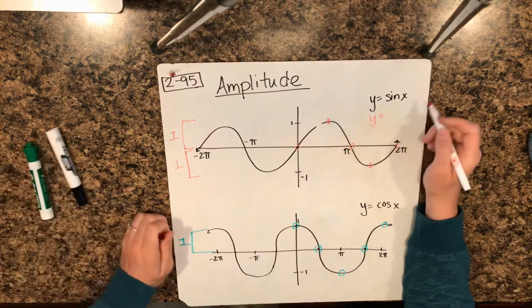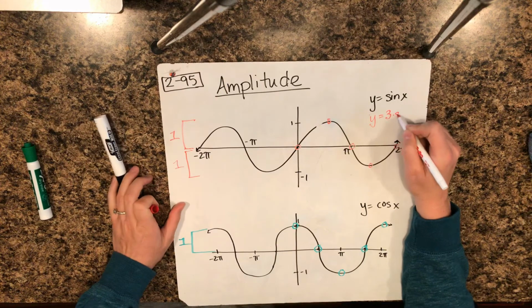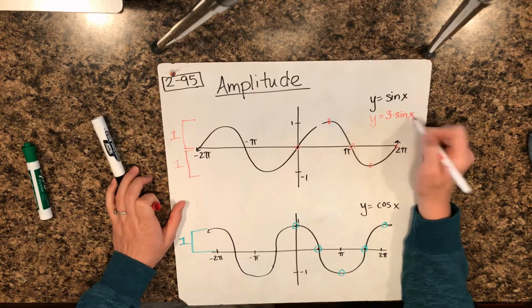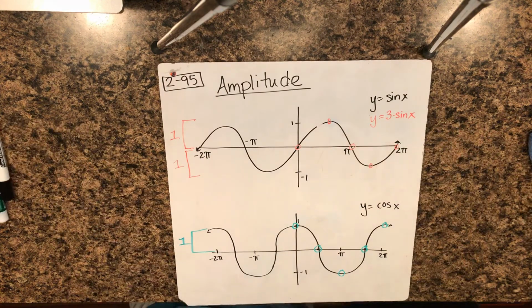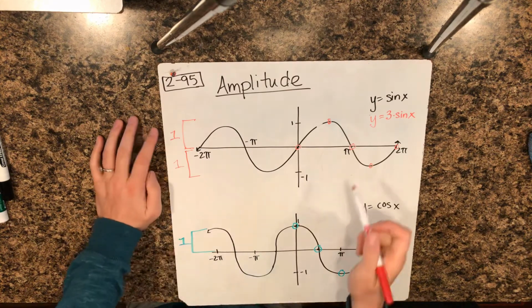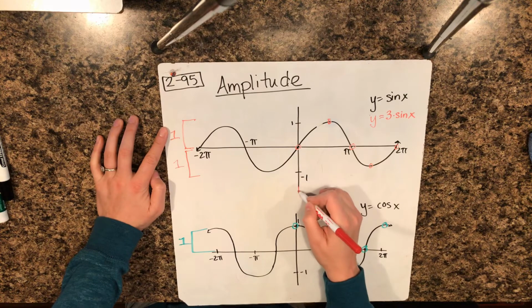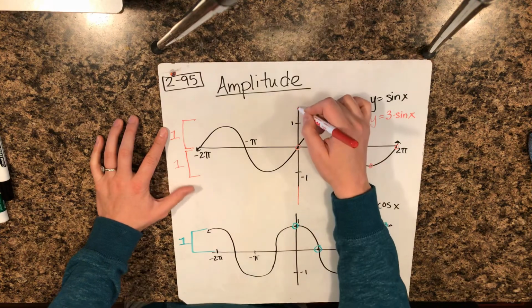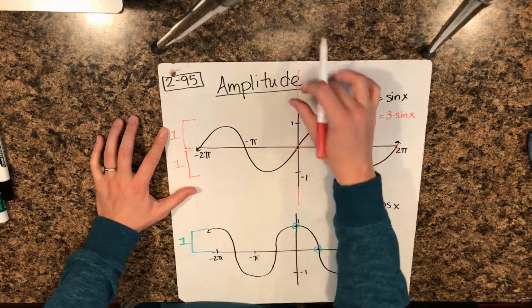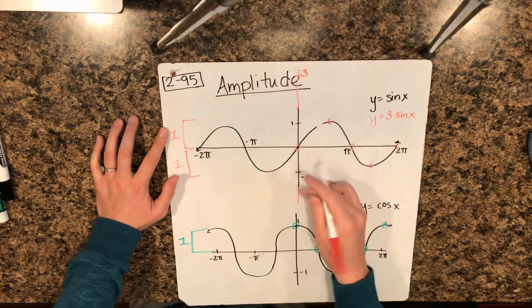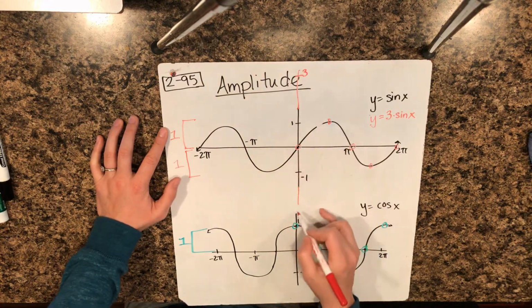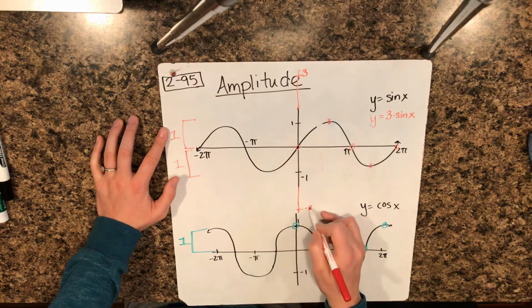So y equals, the amplitude always goes in front. It is a vertical stretch. So if I want my amplitude to be 3, it just means I have to change. This is not going to be very much to scale, but I'm going to do my best. So 1, 2, 3. So 3 is clear up here. 1, 2, 3. I didn't plan that out very well, did I?